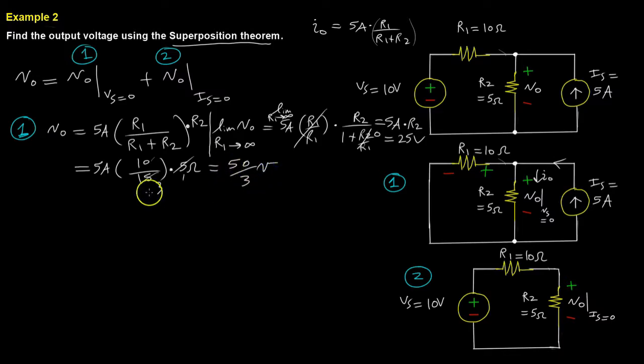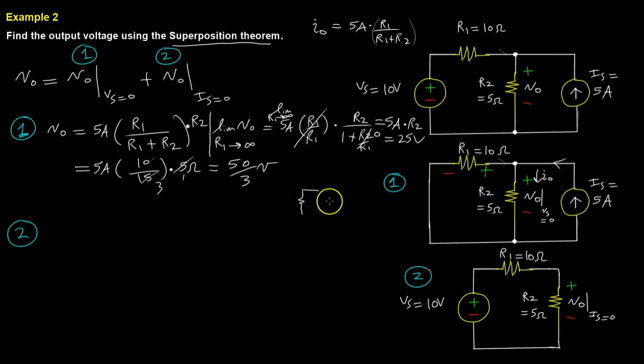And so that's the first case. In the second case, actually we found a value here. What I was going to consider is that the other method for doing this is to simply turn this into an equivalent resistance. You could turn R1 and R2 into an equivalent, which is somewhere in between 5 and 10.